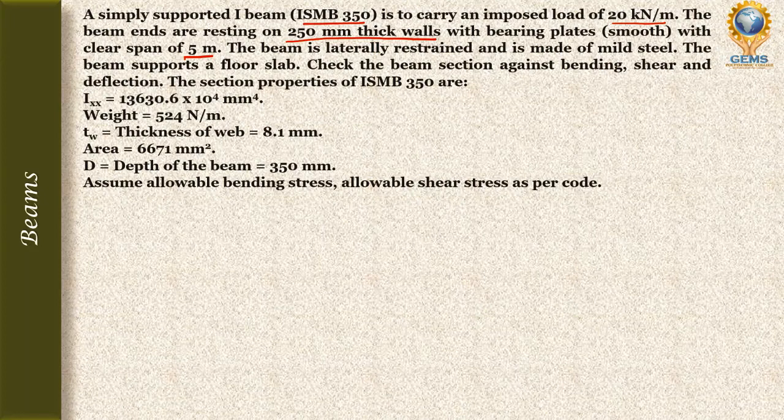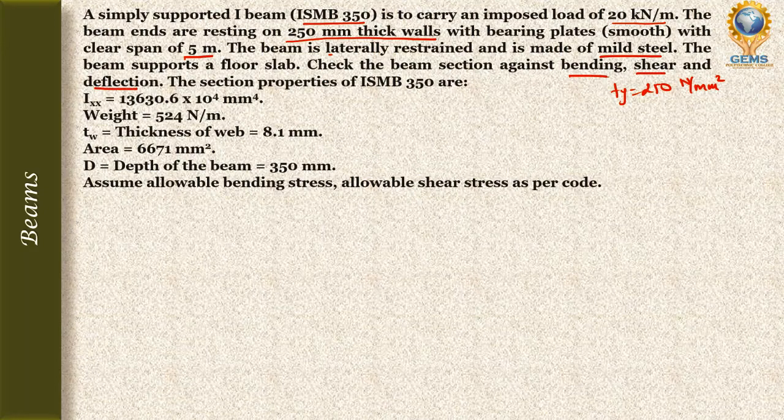The beam is laterally restrained and is made of mild steel. Mild steel means Fy is equal to 250 Newton per mm square. The beam supports a floor slab. What we have to do is check the beam section against bending, shear and deflection.